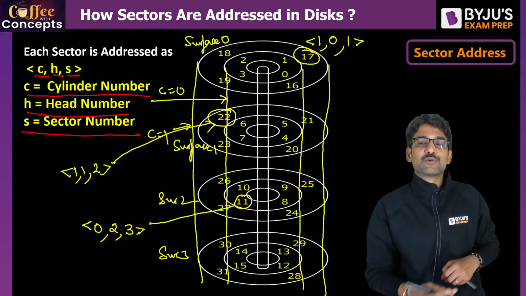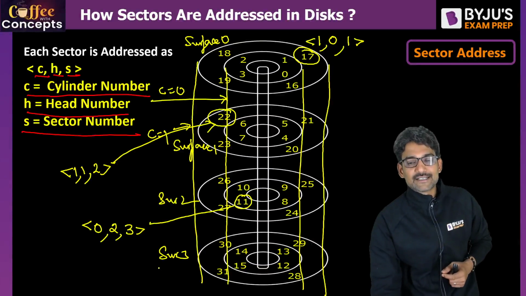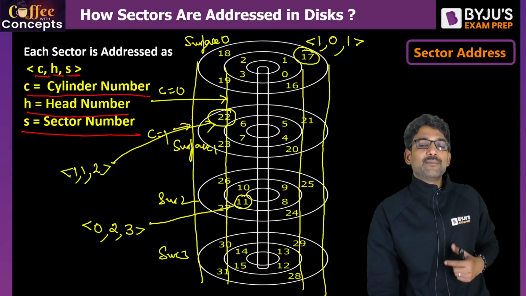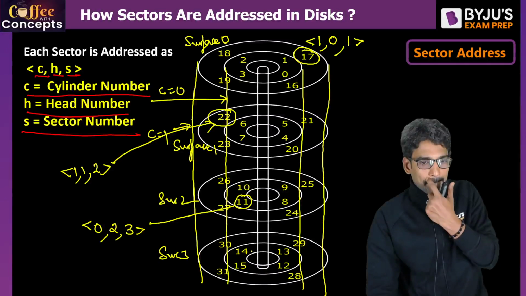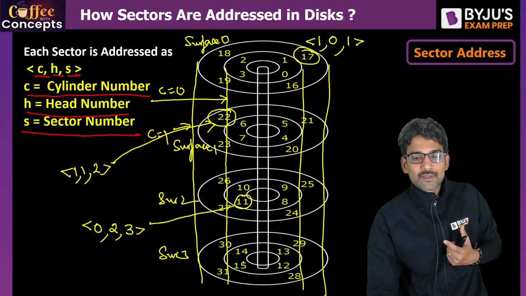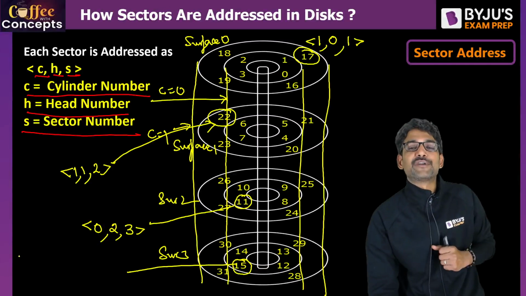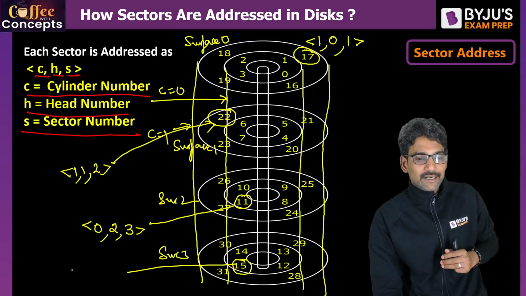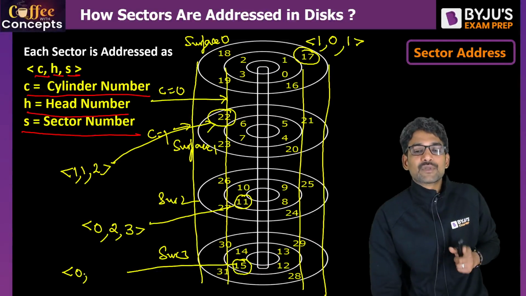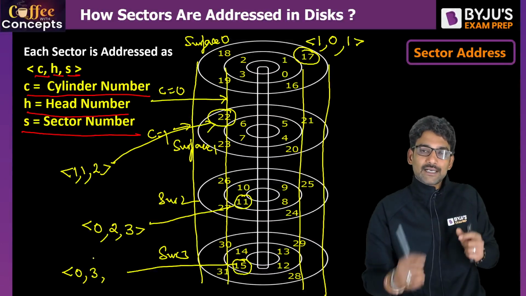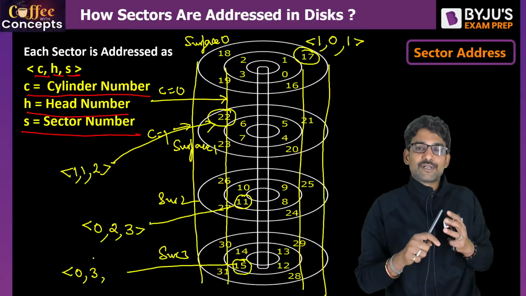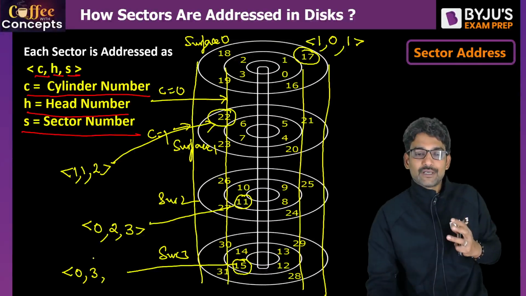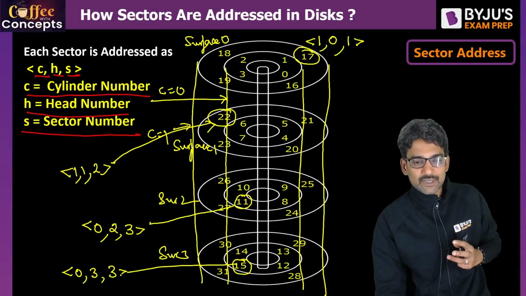Finally, let us find the address of sector 15. It is in cylinder 0, surface 3, where the sectors are 12, 13, 14, 15, numbered 0, 1, 2, 3. So it is sector number 3.